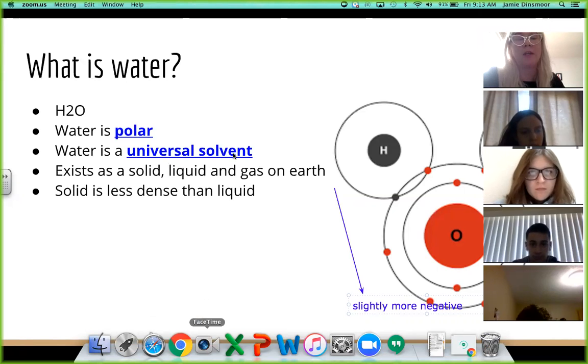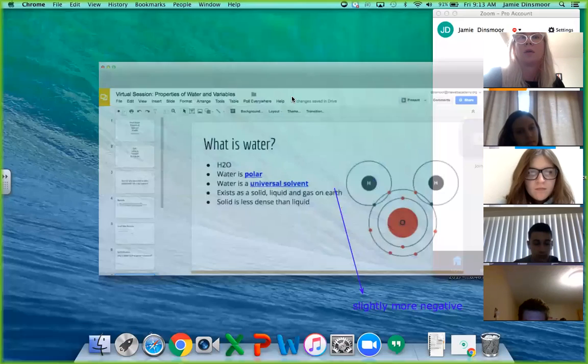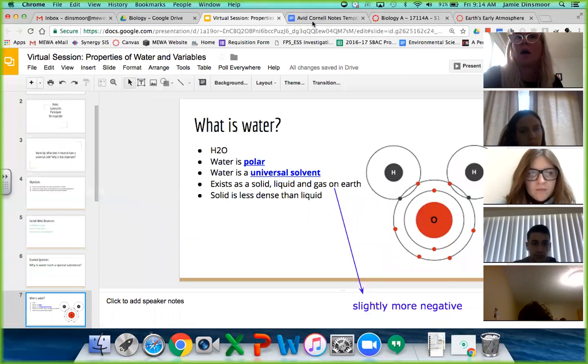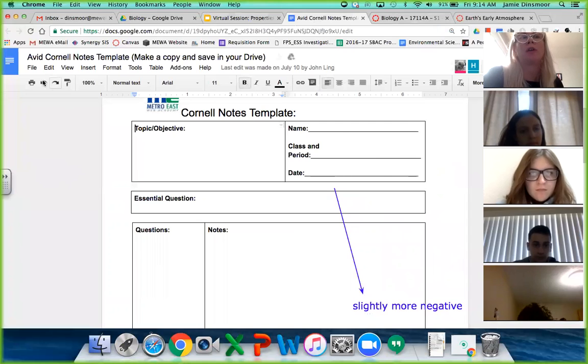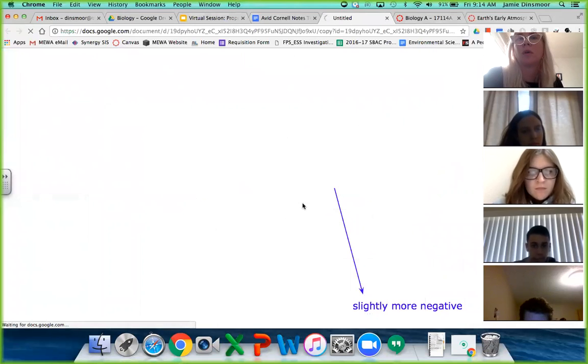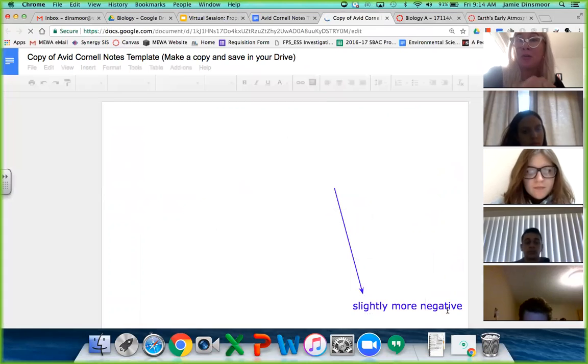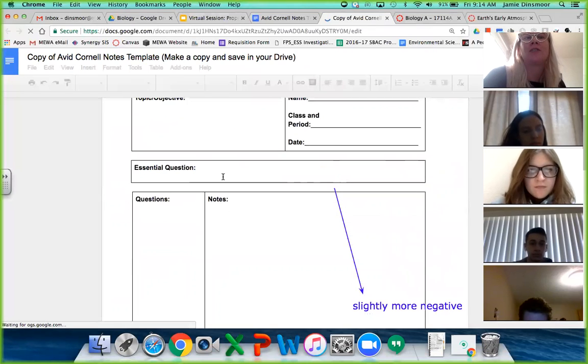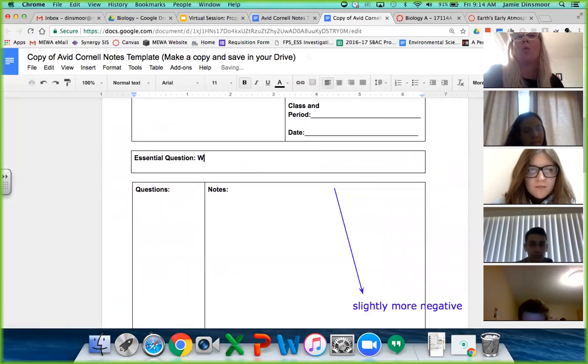So you're going to type this in. Actually, let me make a copy of this so I can write in it. Ignore this random, slightly more negative arrow. That will come back in a second. Yeah, so your essential question is going to be, why is water such a special substance?